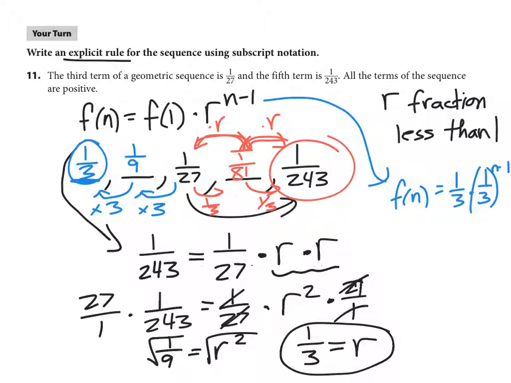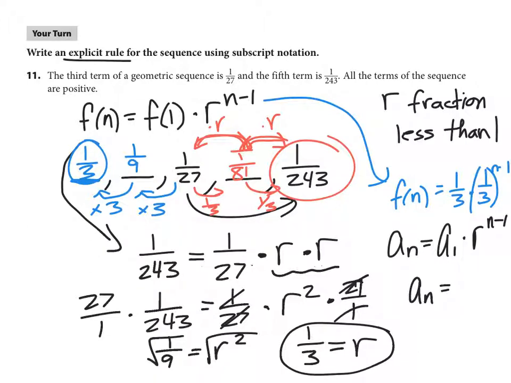Subscript notation just looks like this. Instead of using function notation, subscript looks like a sub n equals a sub 1, where that's the first term, times r to the n minus 1. That's what subscript notation looks like.